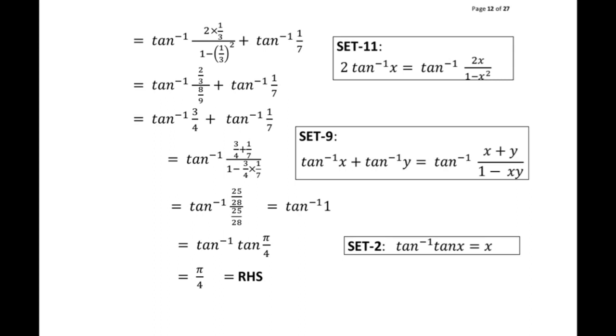And after simplification we get the second step here as tan inverse (2/3) divided by (8/9) plus tan inverse 1/7, and accordingly we get tan inverse 3/4 plus tan inverse 1/7.